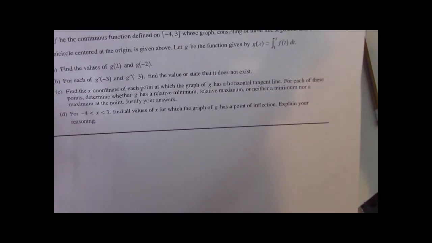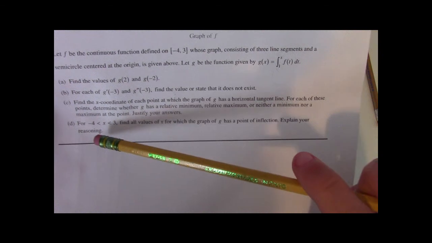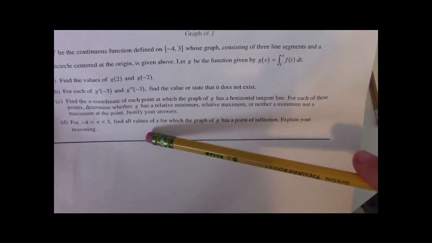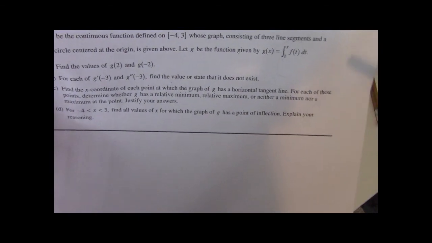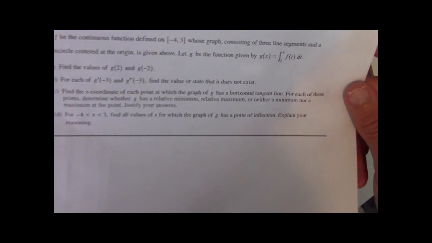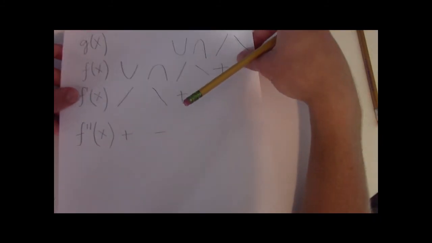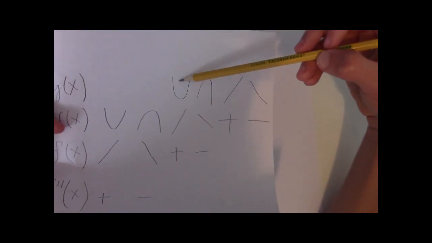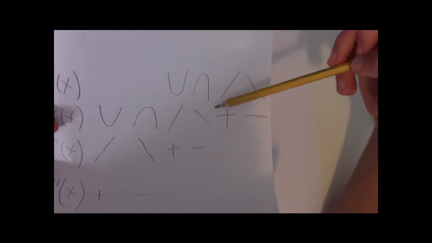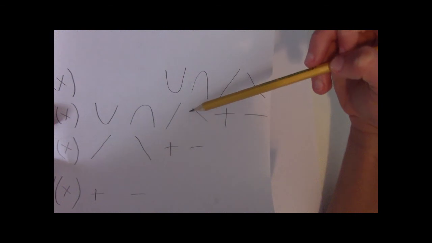Okay, the last part. So D asks us, for the interval, find the values of x for which the graph of g has a point of inflection. So a point of inflection is where a graph changes from concave up to concave down, or vice versa.